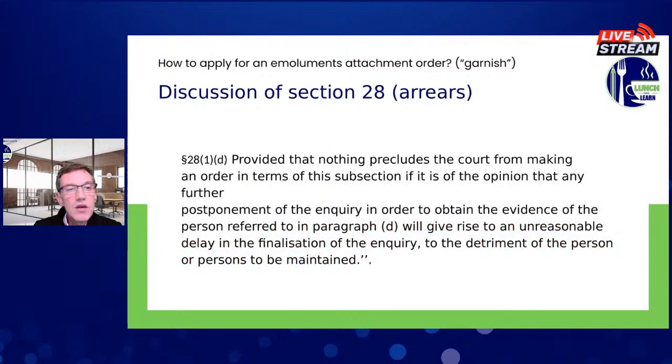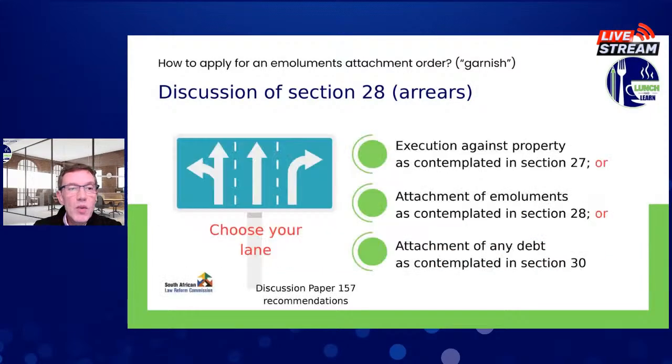Like we said, we discussed that in a previous webinar. I'll just jump a slide quickly and come back to the previous one. You can only apply for one of these types of remedies for the enforcement of maintenance when the maintenance debtor or the maintenance respondent is in arrears. You can either ask for a warrant of execution against property or an attachment of debt, or you could apply for an emolument attachment order.